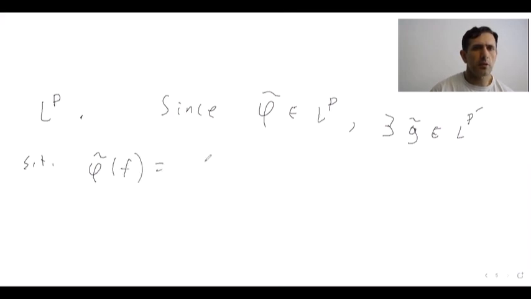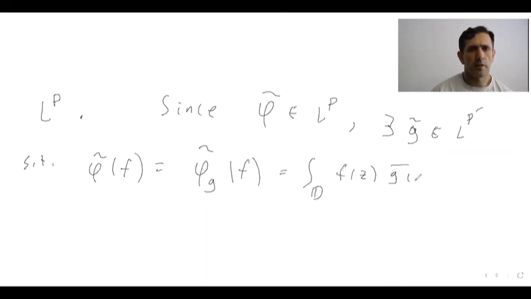So this here is going to be given by phi G tilde of f, and that's just integration, for f in LP of the disk.